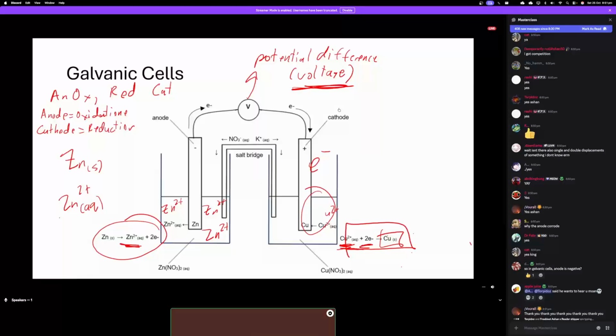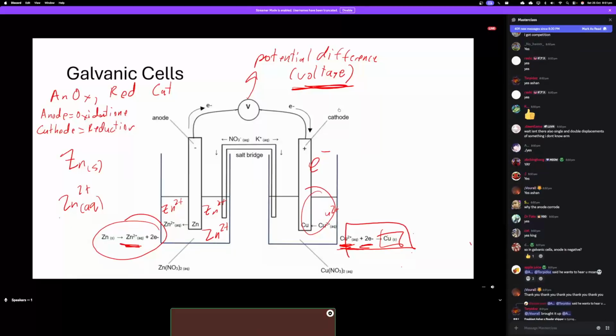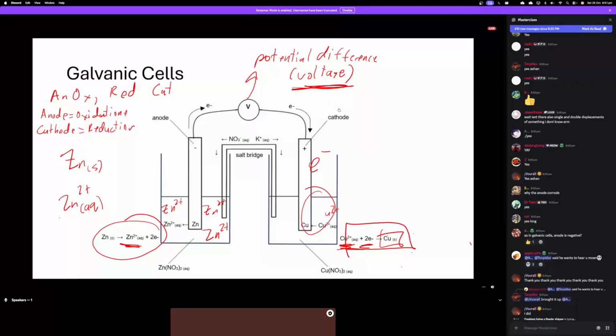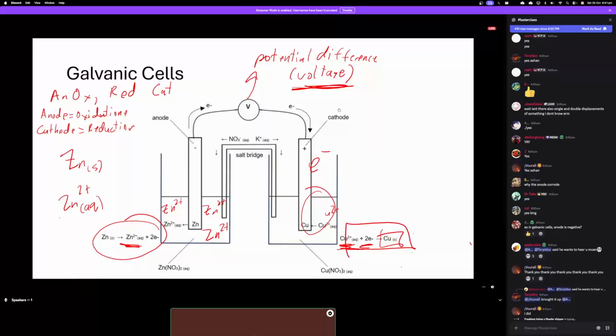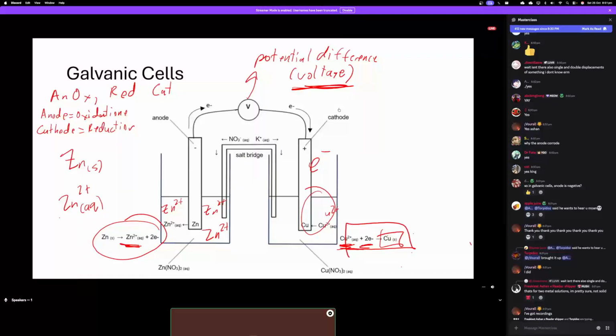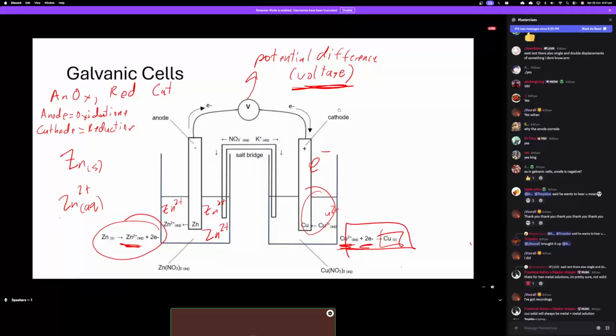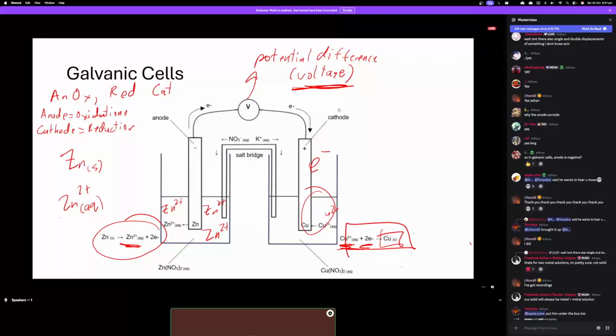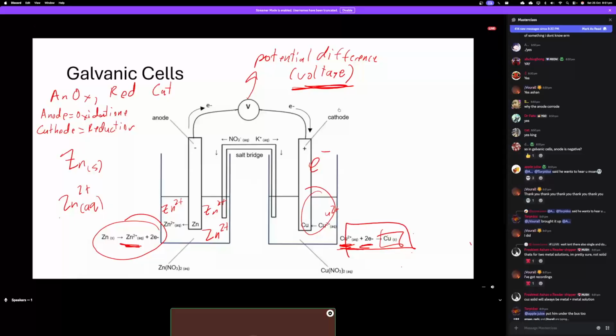So anode is negative, yes. Double displacement. If someone has an example of a double displacement reaction, could you just send it in the chat? I don't have one off the top of my head, but double displacement is where AB plus CD becomes AD plus BC or something like that.